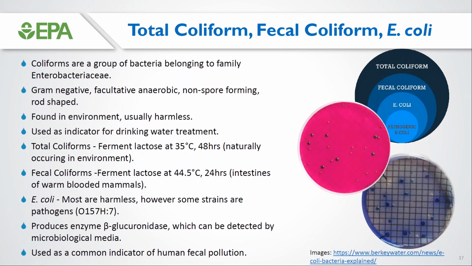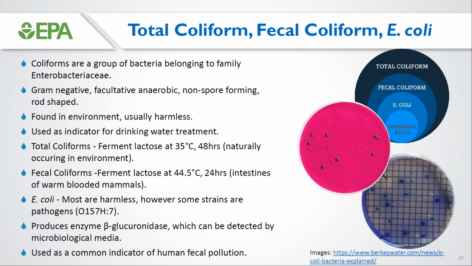The ones that can, we refer to them as fecal coliforms. And then an even smaller subset population of fecal coliforms are E. coli. E. coli are actually a type of fecal coliform that also grows at 44.5, but typically has an enzyme called beta-glucuronidase, which microbiologists have developed specialized media to grow them on.